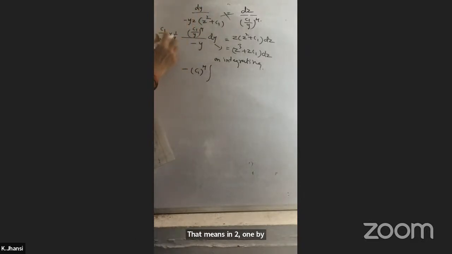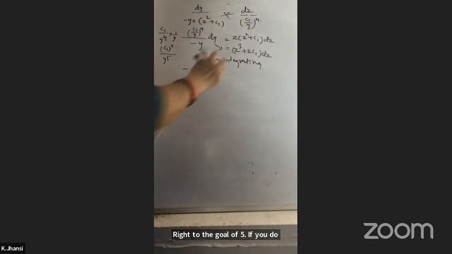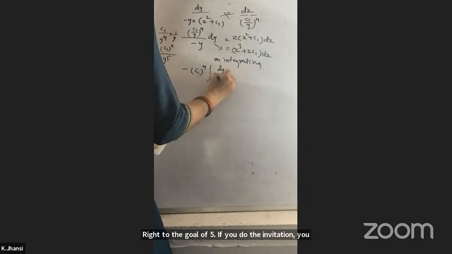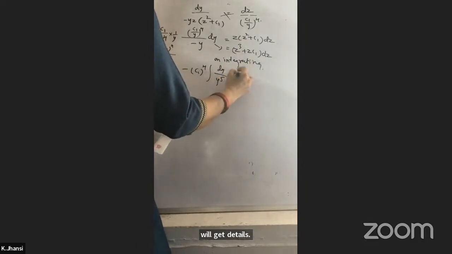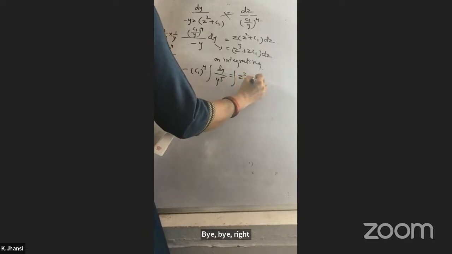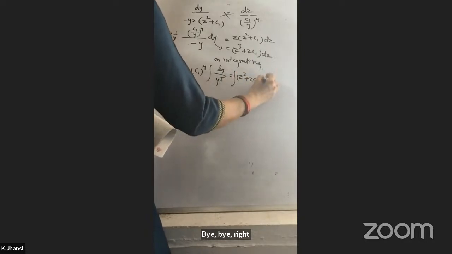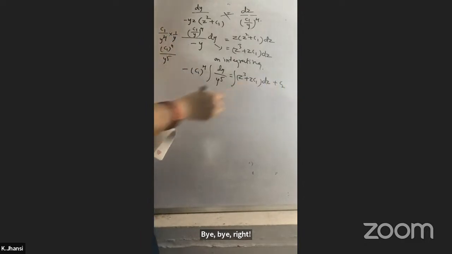So 1 by y means it will become C1 to the power of 4 by y to the power of 5. Okay. So if you do the interchange and the simplification, you will get dy by y to the power of 5 equals integration of z cube plus z into c1 into dz plus c2. Okay.